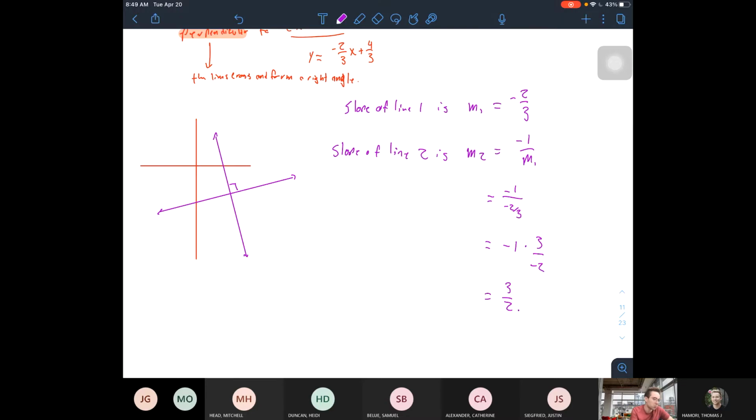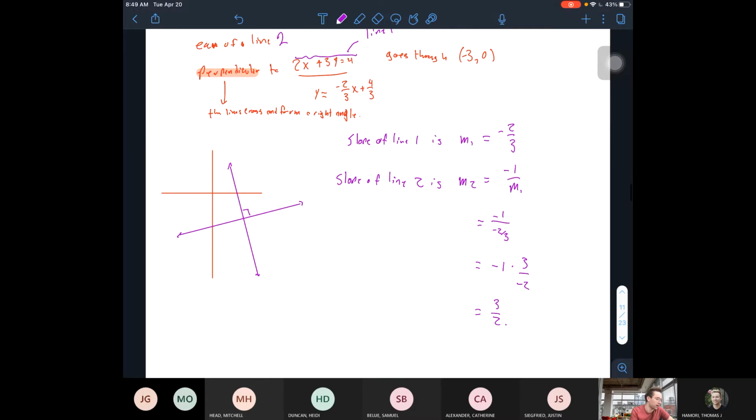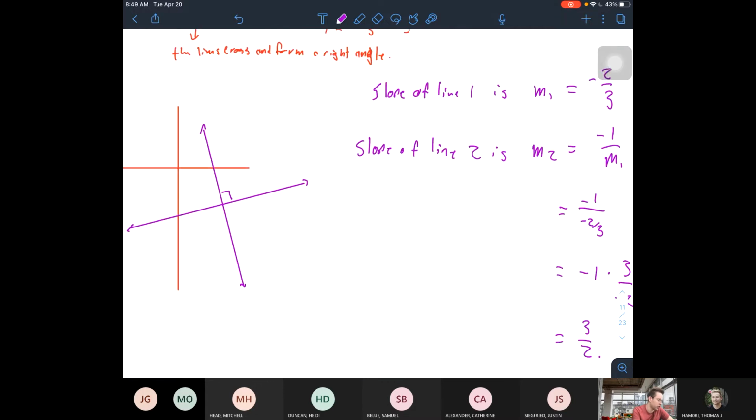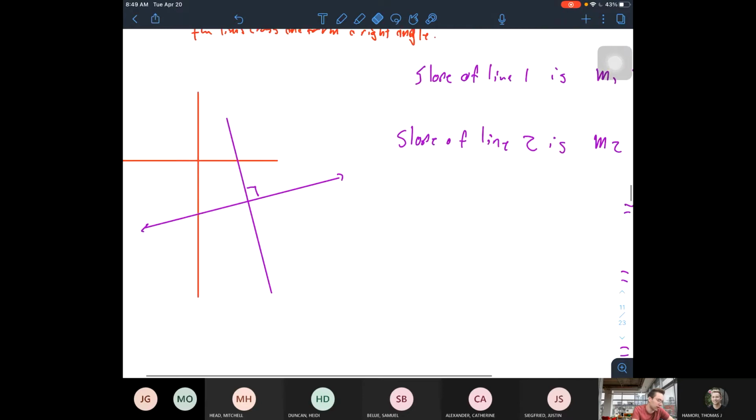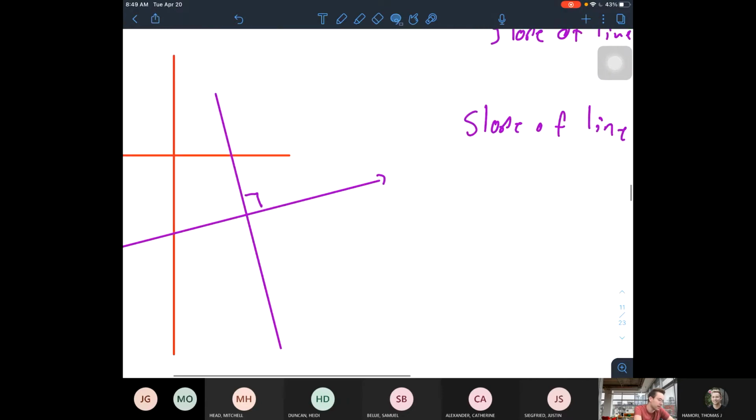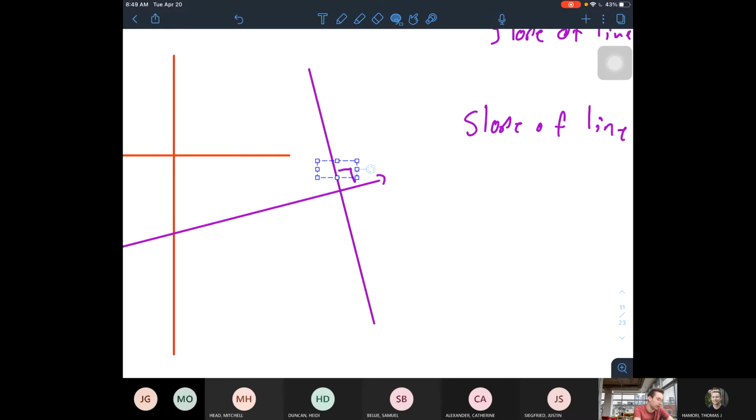Now remember, a perpendicular line is just a line which satisfies the property about the slope. If I take this line, which is perpendicular to my original line, and move it over, it's still perpendicular, and still perpendicular.